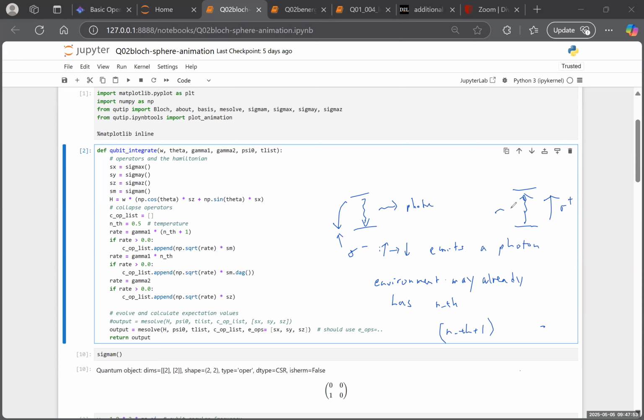And for this, you have to absorb a photon there, and that rate is proportional to the thermal photons already there. And gamma 1 is that strength. So you take the square root of that as a rate and then times sigma minus dagger, which is sigma plus. Okay, so that's two of the jump operators.